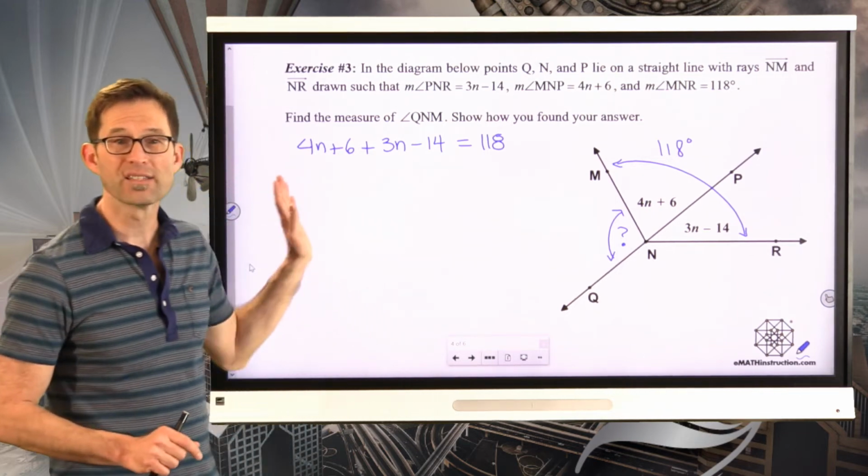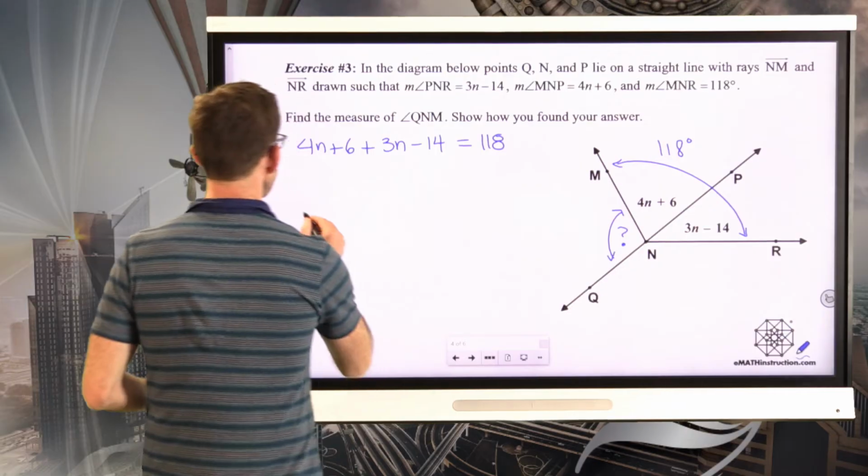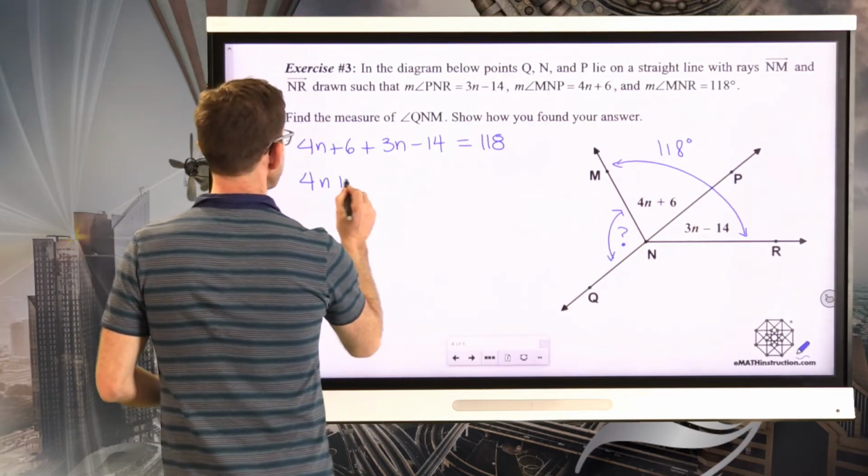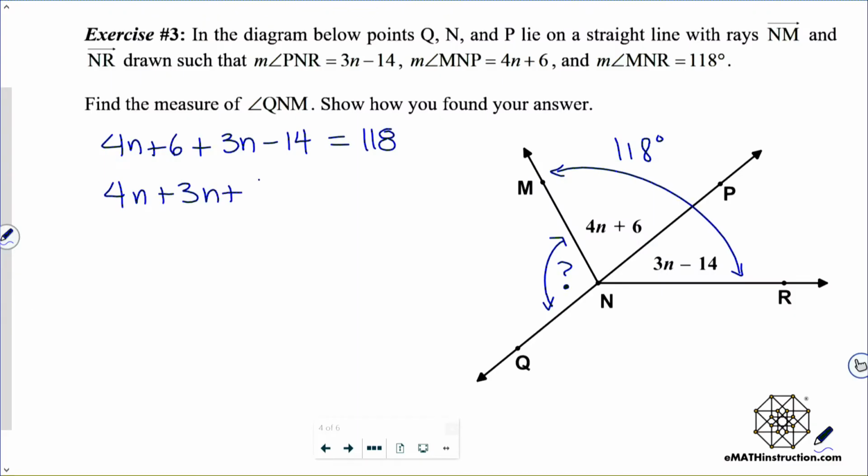Now we want to combine some like terms over here. Now this one's a little bit more complicated, so let me do some rearranging here. I'm going to change that subtraction by 14 into an addition of negative 14, just so that it's maybe a little bit easier to think about.